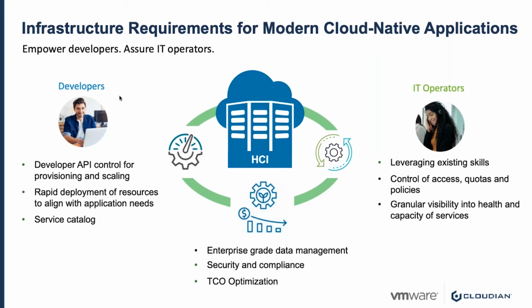And one thing that's very clear is that these developers now control a lot of decisions in the industry as to which platform the enterprises will buy. What they're looking for is self-service capability to develop their applications at a much faster pace, right? That comes up all the time. So they want that self-service, the API control. They want resources to be deployed at a fast pace so that their applications can come up, and also so they can iterate on their applications much faster, right?